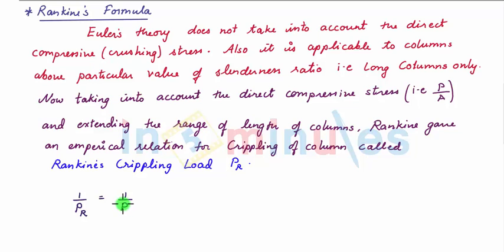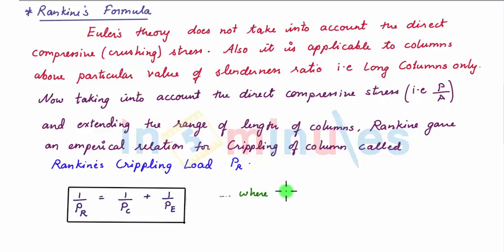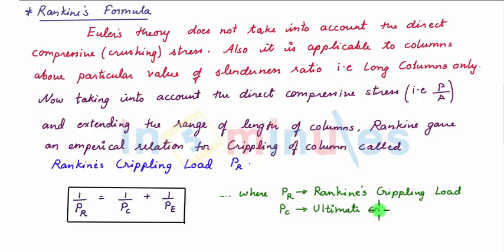This Rankine's crippling load PR is given as 1 by PR is equal to 1 by PC plus 1 by PE, where PR is Rankine's crippling load, PC is the ultimate crushing load, which is given as sigma UC into A, where sigma UC is the ultimate crushing stress, and PE is Euler's crippling load.